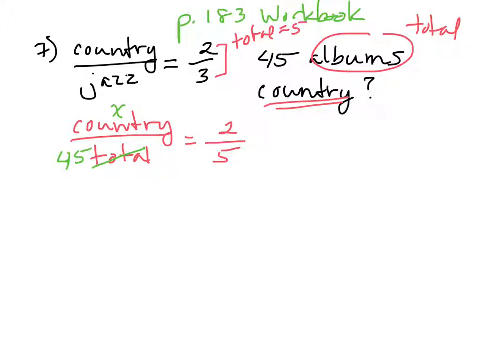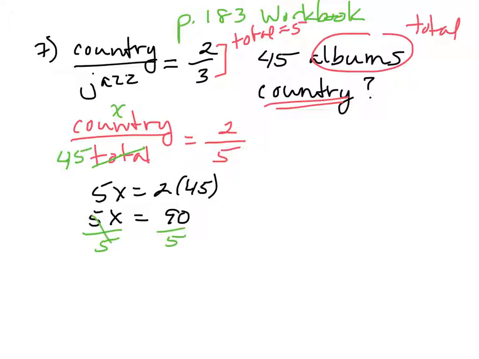Or I could, what do you do to 5 to get to 45? You could do that as well. You can multiply 5 by something to get that 45. I find it just as easy just to do your algebra. So x times 5 is 5x equals 2 times 45. So you've got 5x is equal to 90. Divide by 5. And then x is equal to what?